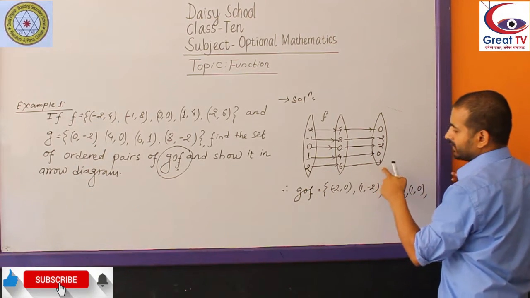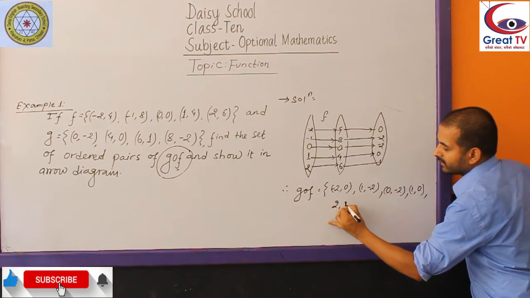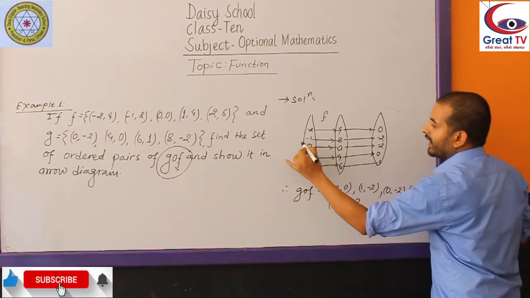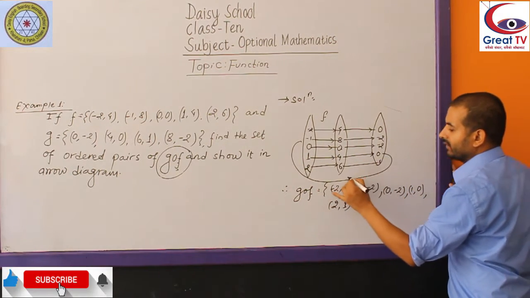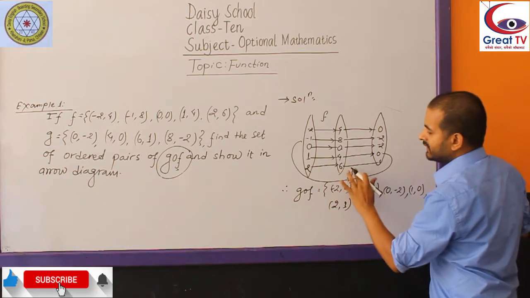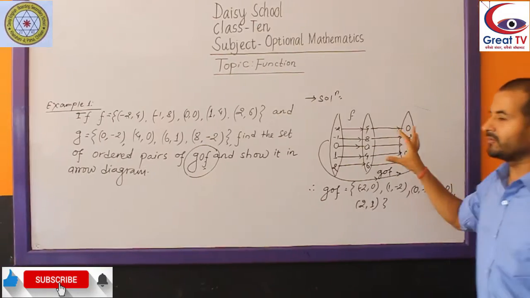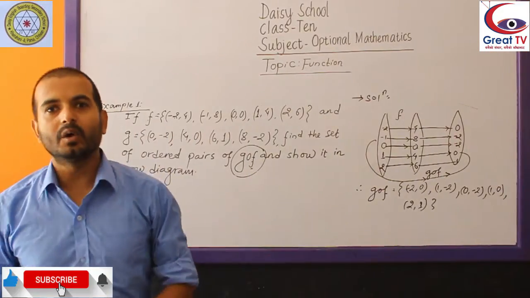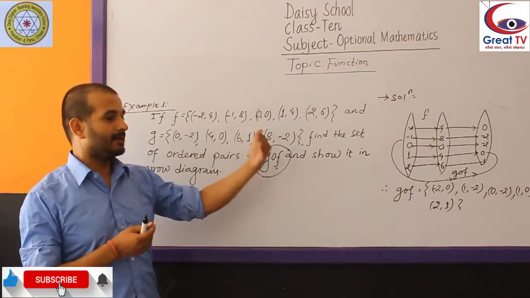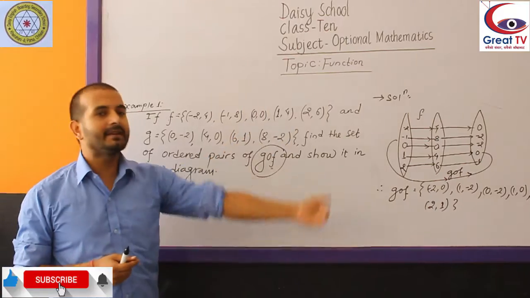And 2 becomes finally 1. This is how we write the ordered pairs, that is g o f. So this is the first solution from the composite functions in the sense of a mapping diagram.